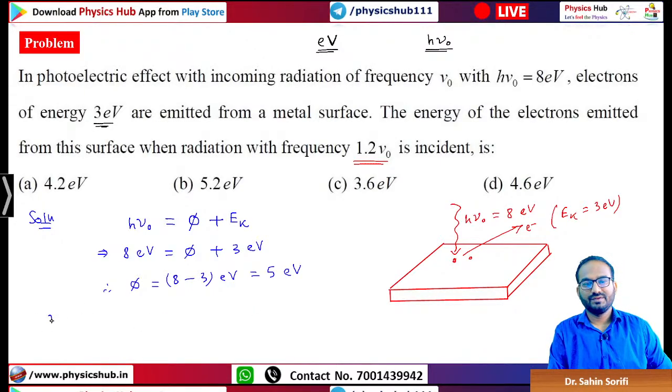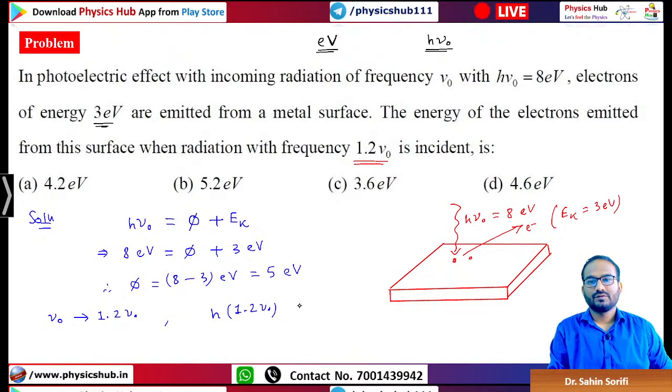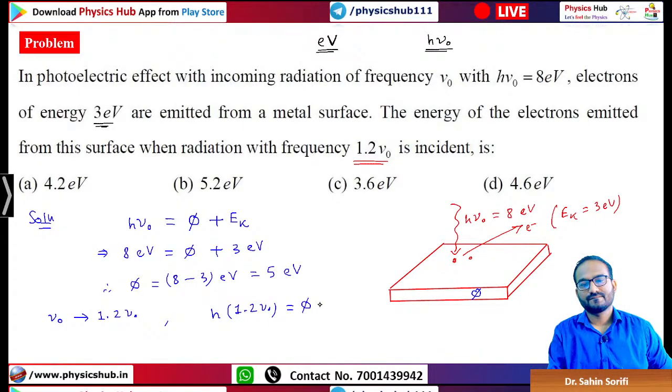Now if nu is changed to 1.2 nu 0, the total energy now becomes h times 1.2 nu 0, right? So for this, what will be the energy of the electrons emitted from the surface? One thing is fixed for this metal, that is the phi value is fixed. So this will be equal to phi plus the new kinetic energy of the emitted electron under this scenario, let's say Ek prime.